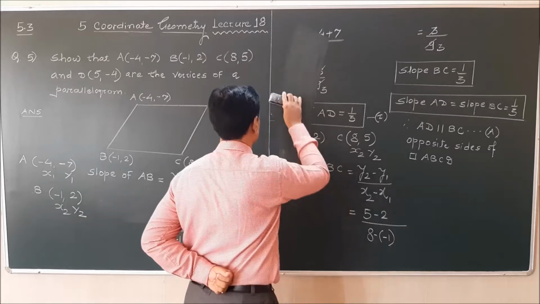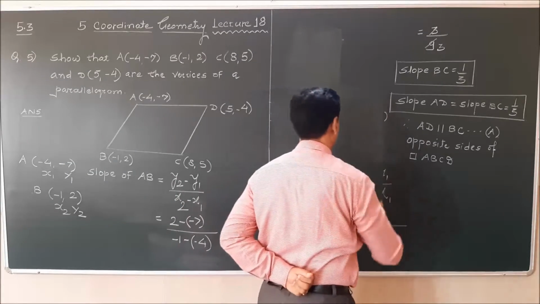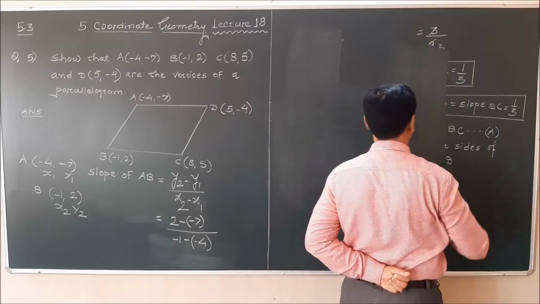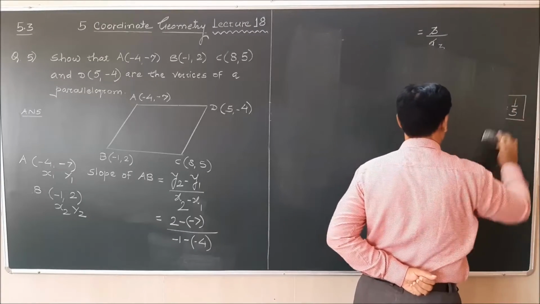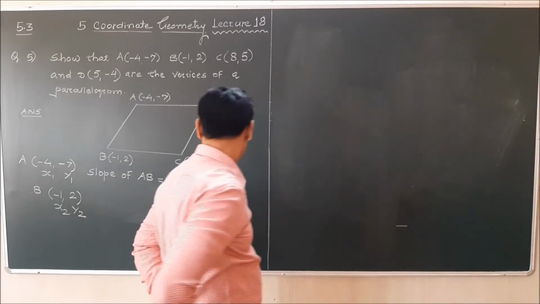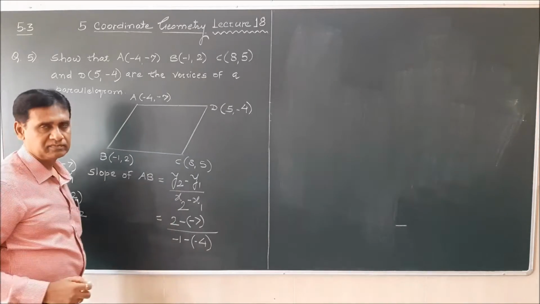We have already proved in the first part that the slopes of opposite sides AD and BC are the same. Now I am going to prove the slope of AB. So 2, minus into minus is plus.